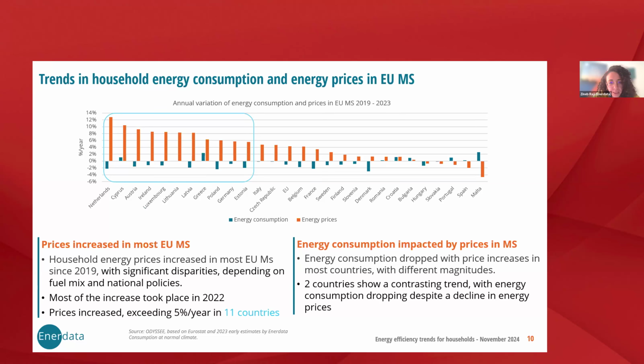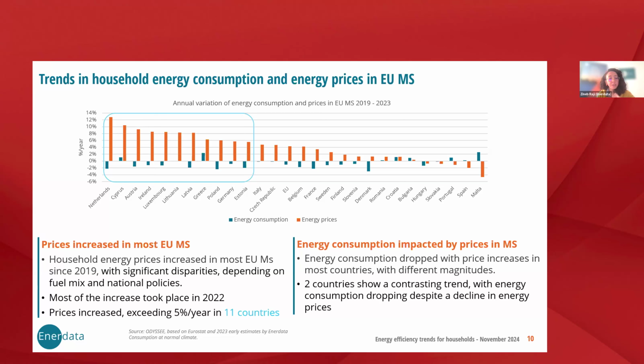Looking at a detailed view for 2 of these indicators for EU member states, we can see on this slide the chart that shows an annual variation of energy consumption and prices over 2019-2023 for EU member states. And here we have 2 main observations.